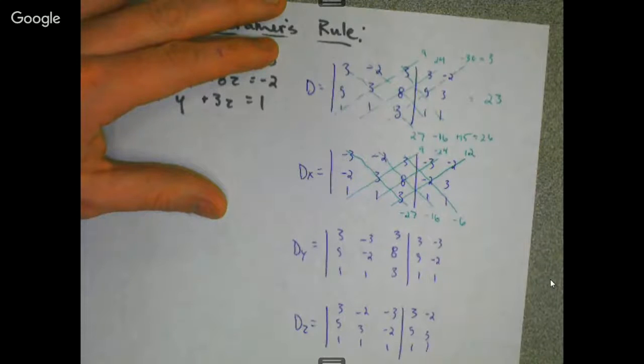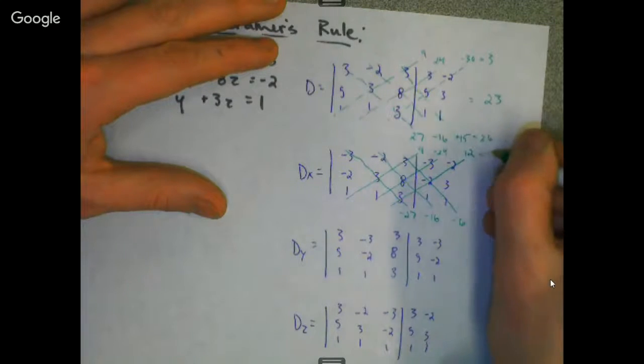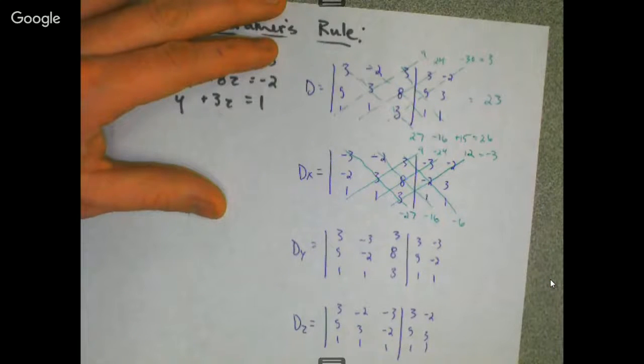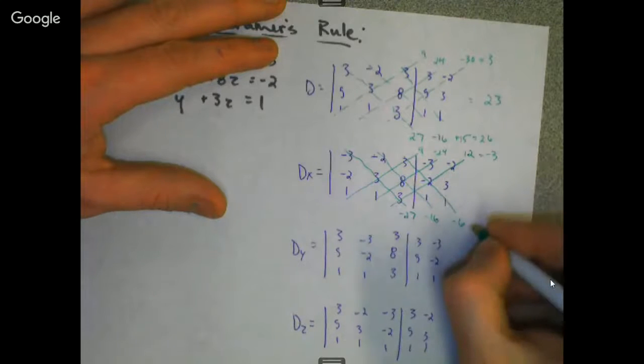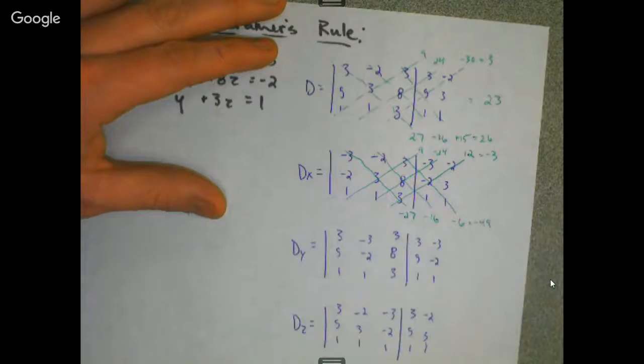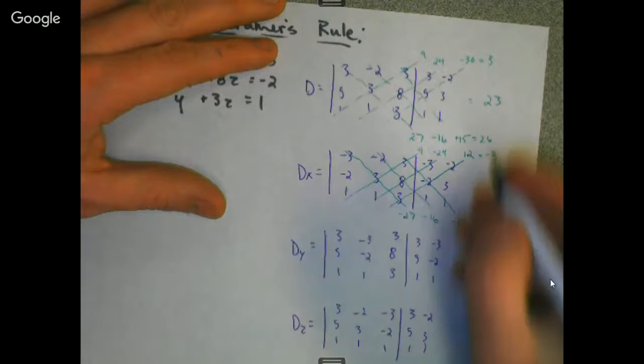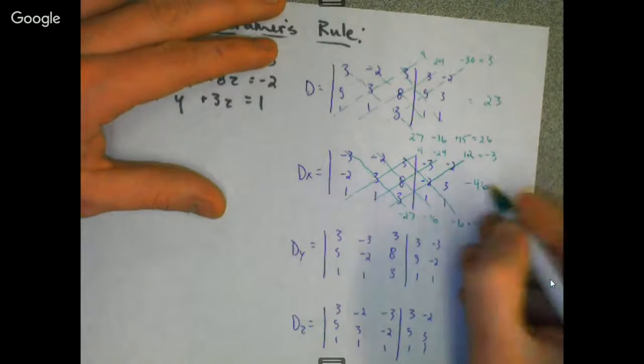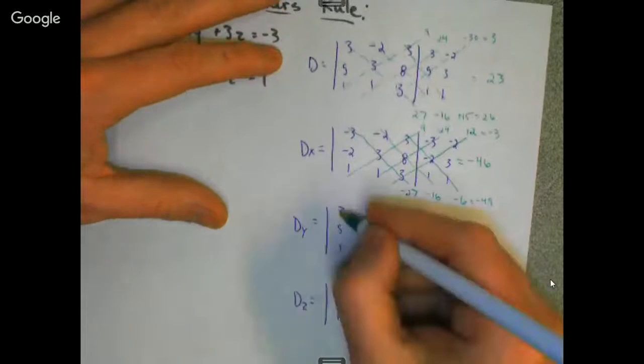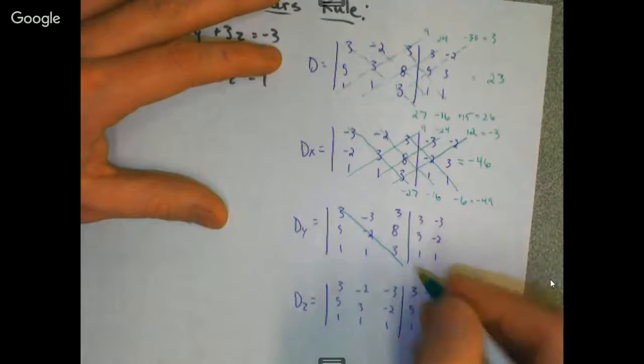Again, it's going to help to be proficient with simple multiplication. So then you have negative 49 minus negative 3, minus 46. Multiply this one.